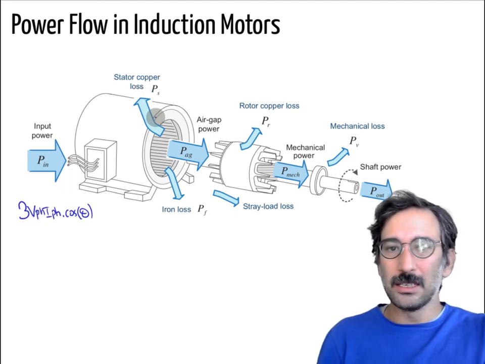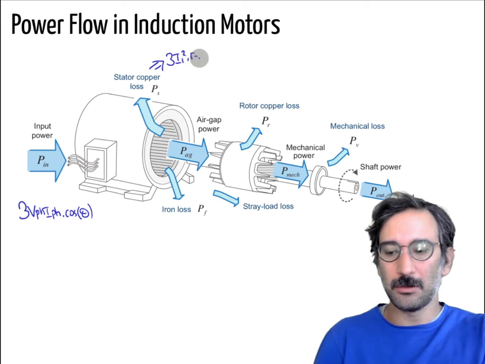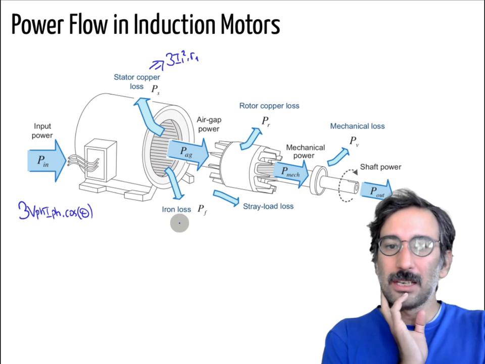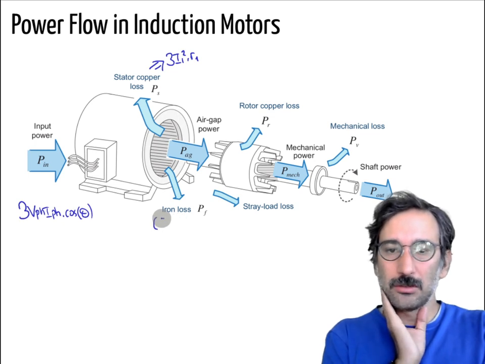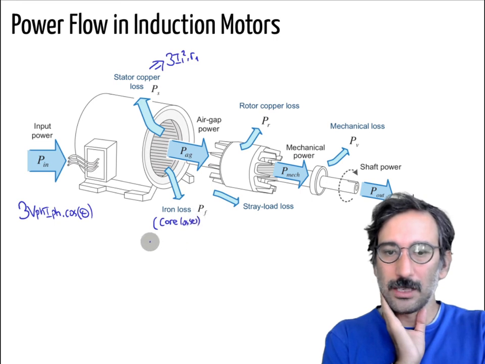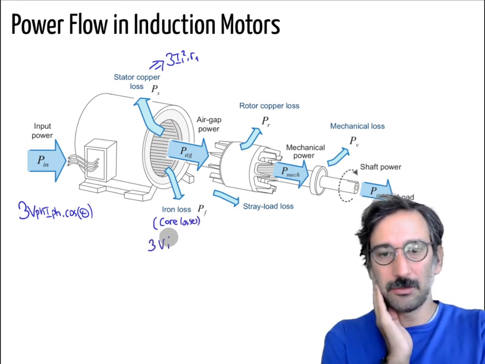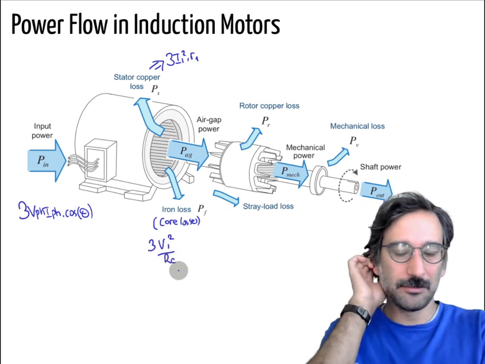Then we have the stator copper losses, 3 I1 squared times R1. Then we have the iron loss, or core losses, and if the parallel branch is moved to the primary side, it is 3 V1 squared divided by Rc.